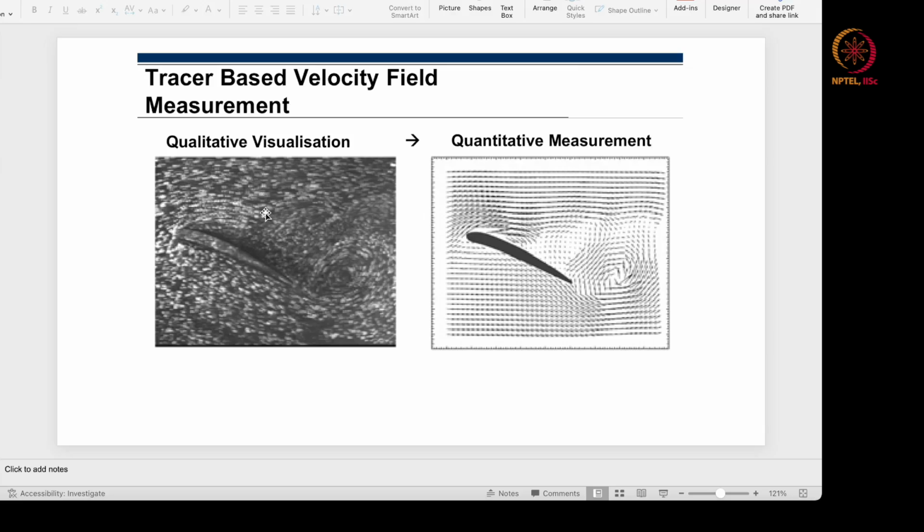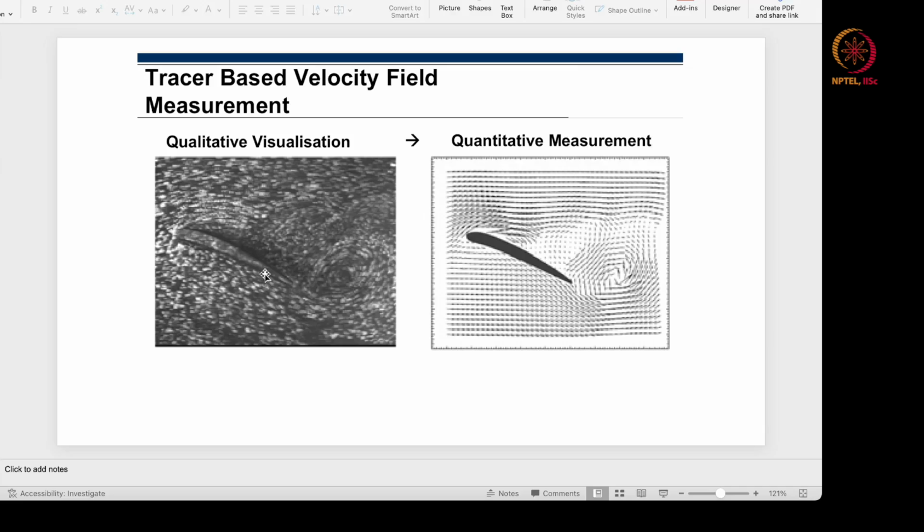It could be sawdust, it could be many things, anything. And basically this follows the flow, and using scattering measurements, we are able to see how the streamlines look around this particular aerofoil, which is very important when we actually try to design aerofoils for, say, aeropropulsion or aerodynamics.